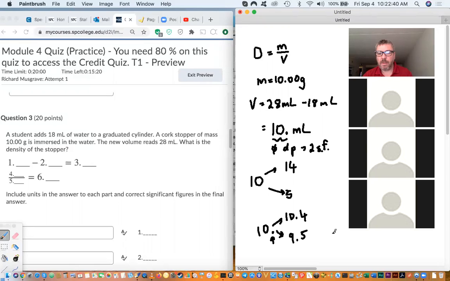So that's why in this last step we do the division, and that's going to be 10.00 grams over 10 dot mL. And that means we need two significant figures, so it'd be 1.0 grams per mL.